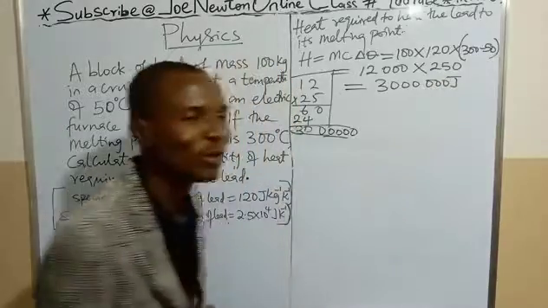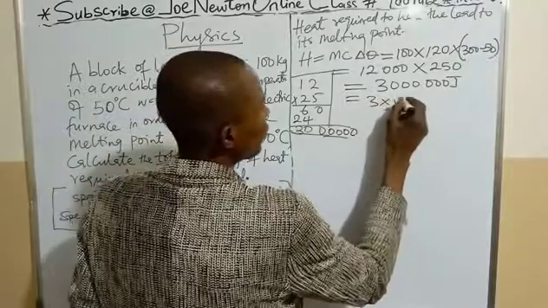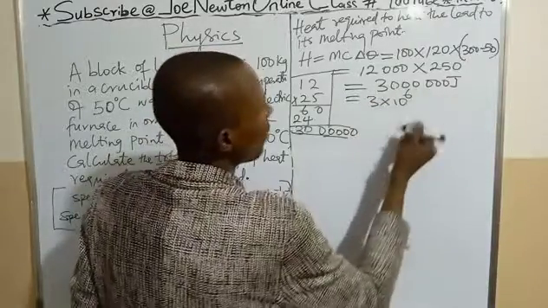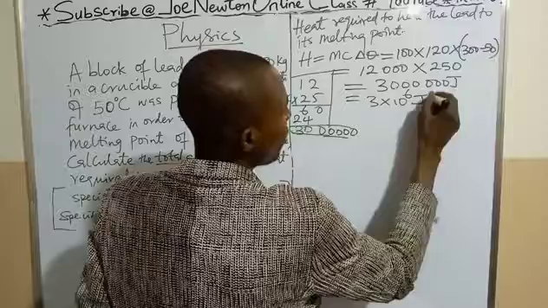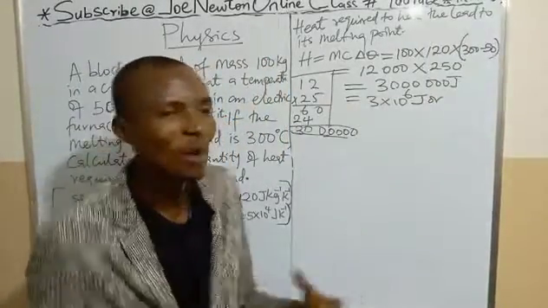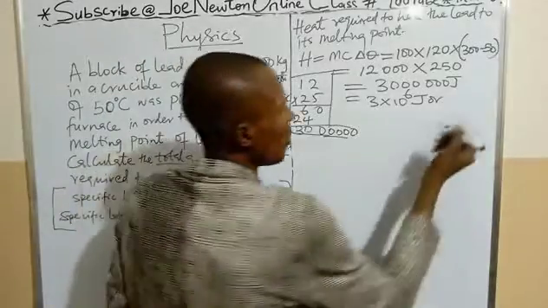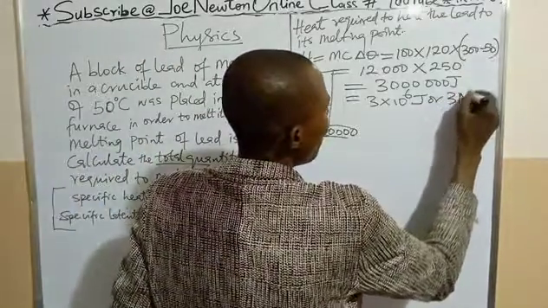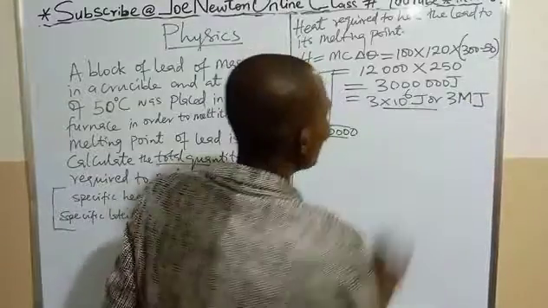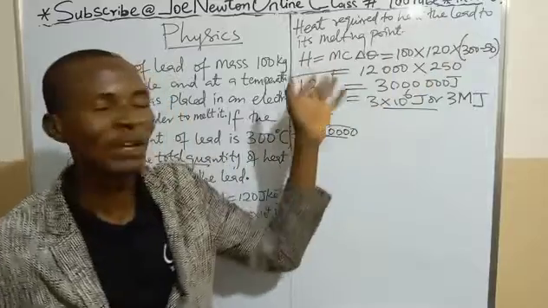And this 3 million joules is equivalent in standard form to 3 times 10 raised to the power 6 joule. Also, if you want to change it to mega, since it is up to million, 1 million joules equals 1 megajoule. So it is also equivalent to 3 megajoules. So that is the quantity of heat supplied to heat the lead to its melting point.